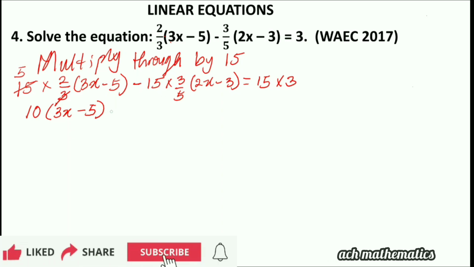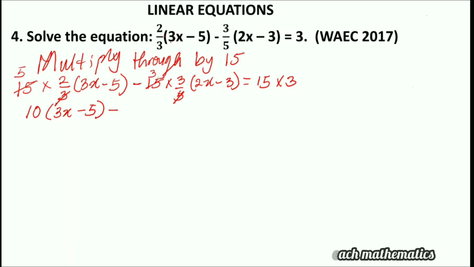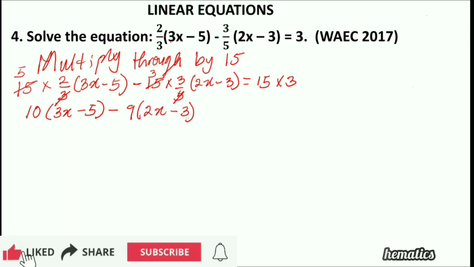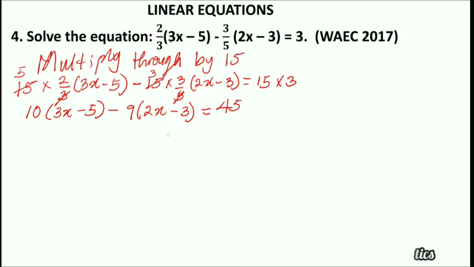Here, this is minus 5 here 1, 5 in 15, that is 3. 3 times 3, that's 9, in brackets, 2x minus 3 equals to 15 times 3, that is 45. And so this is now similar to the second question where you had brackets.